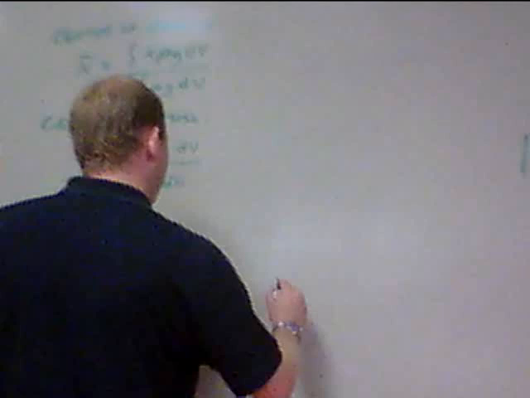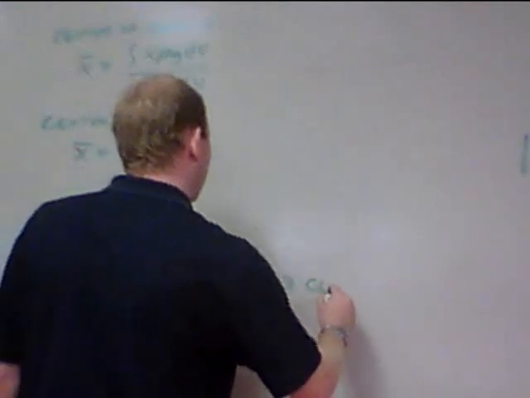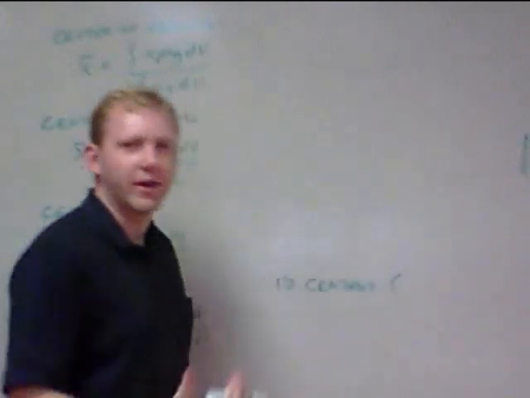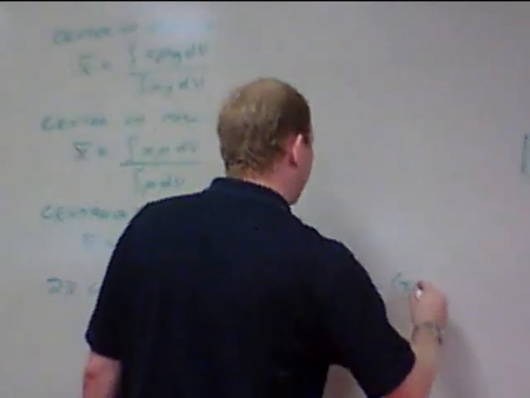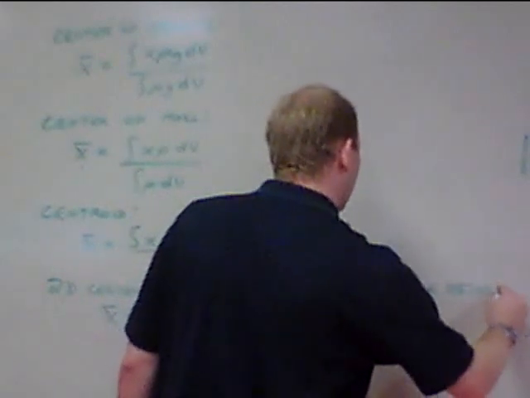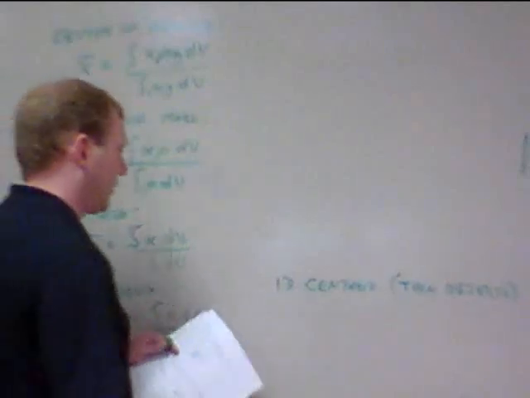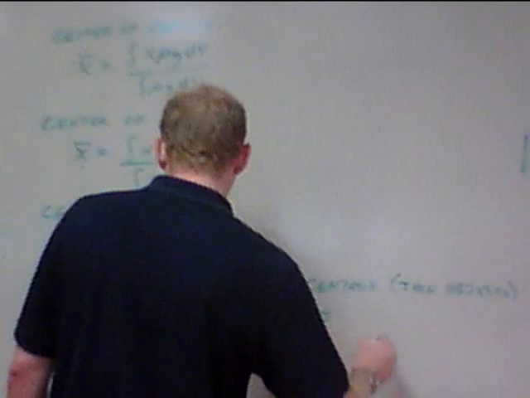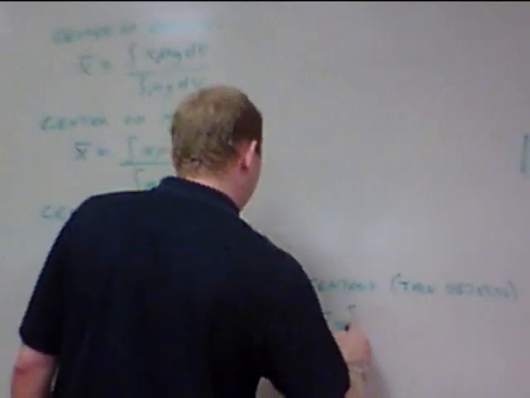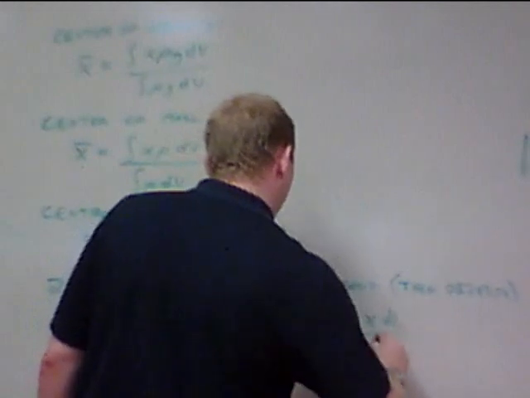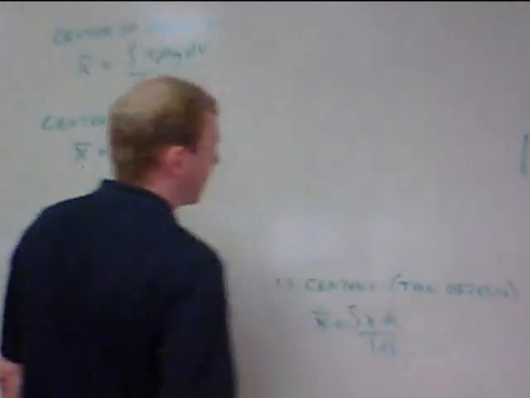And for one-dimensional centroid, this is for examples like wires and things like that, we can consider thin objects. Wires and rods and things of that nature. We can talk about this, and x bar is the integral of x dl over the integral of the length of the object.